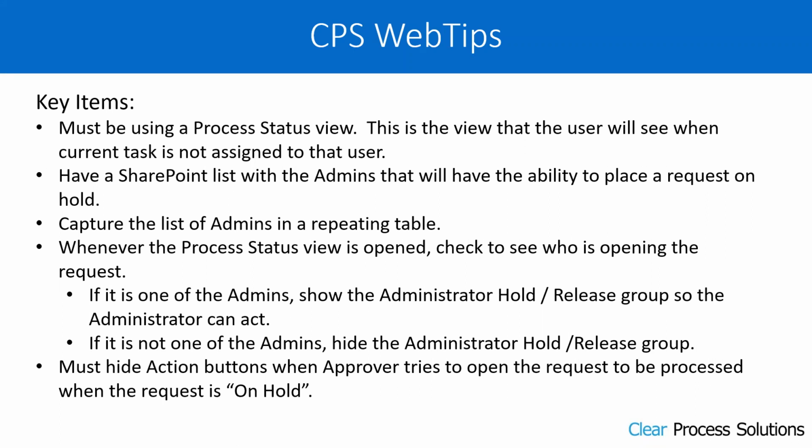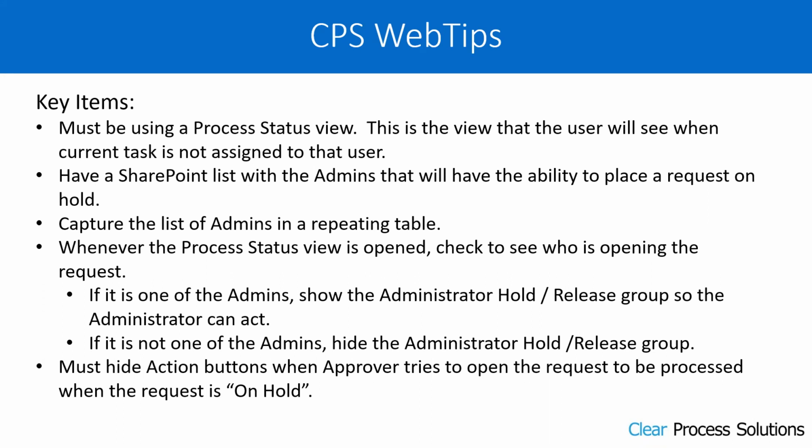If I'm not assigned to a current task and I open up one of the forms, I will see the process status view. It's not my task, but I can see the data on the form. It's all in read-only form, and I can at least view the data. So that has to be the first item we have.